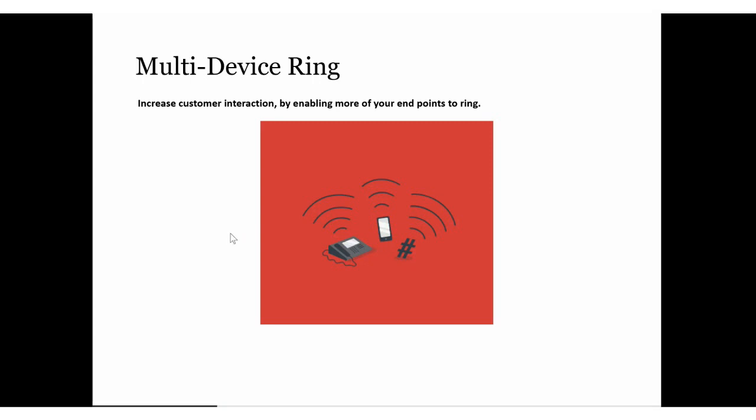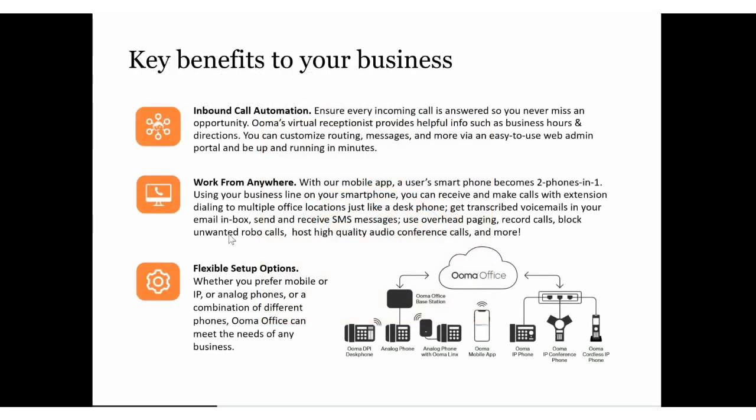Before I get into the deeper dives of both of those features, just a quick recap of some of the other key benefits that hopefully you're already seeing through some of the features you've set up. The inbound call automation feature is essentially the virtual receptionist.